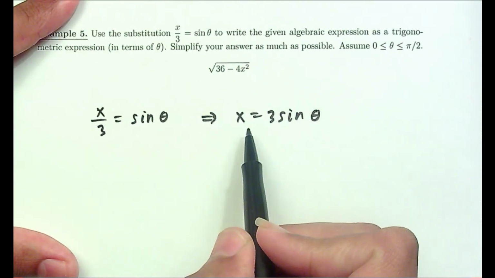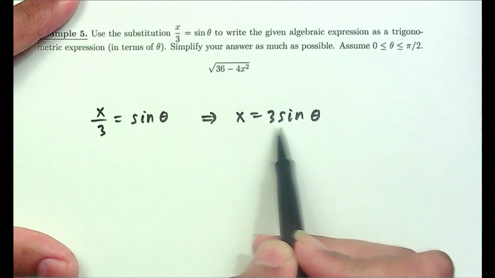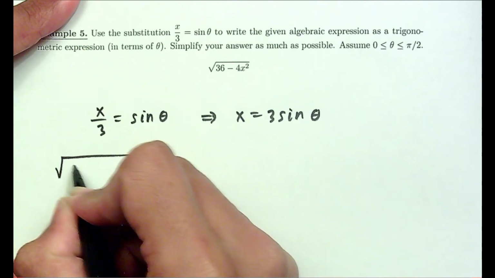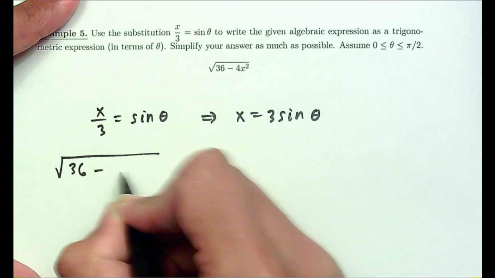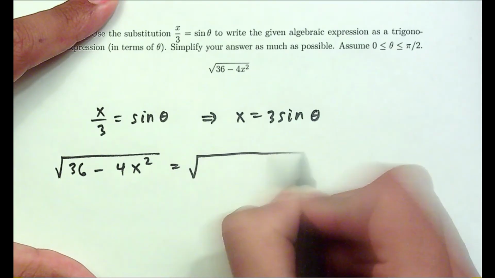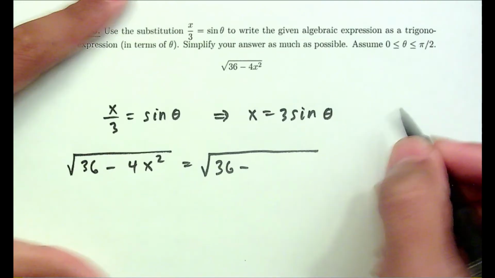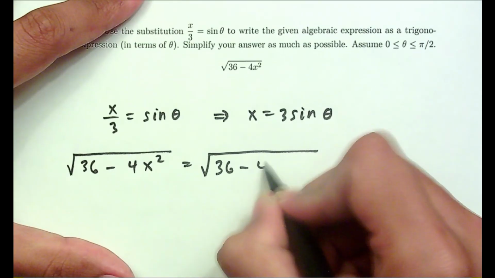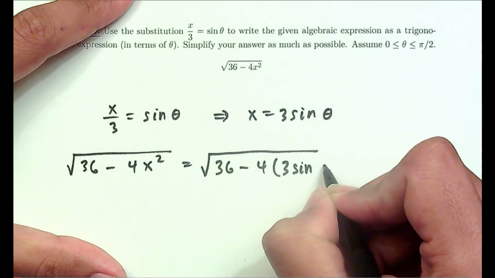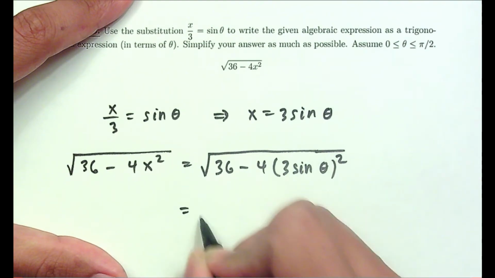And I'm going to use that to put it in here. So x equals 3 sine of theta, put it in there. So let's see what we get. We get the square root of 36 minus 4x squared. Now you get 4 times (3 sine of theta) and then you have the square.